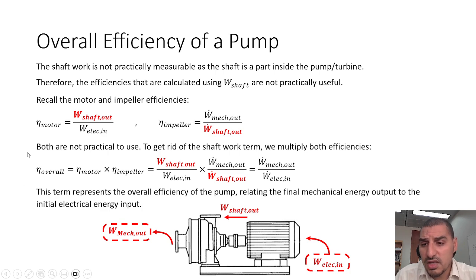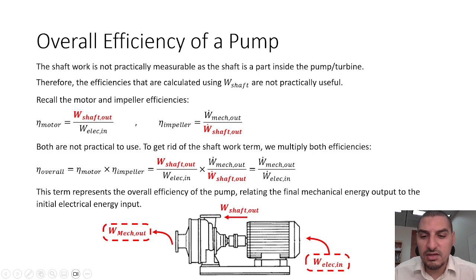That's why we call it an overall efficiency, because it's the motor efficiency multiplied by the impeller efficiency. And this is what's really practical, and this is what really matters to us. I don't care how much energy is lost in the motor and how much is lost in the impeller. Of course this might be useful if I want to improve the performance of the pump, but for practical use, I don't care.